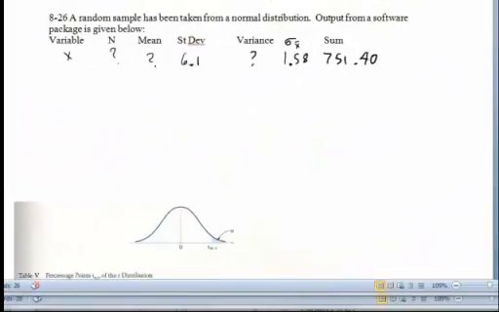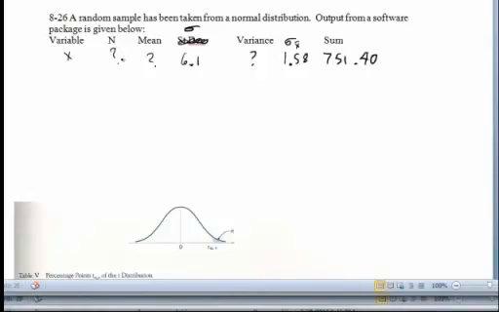Now let's work problem 8-26. In this problem, you're given a random sample that's been taken from a normal distribution, and the software package gives you the following information. It's a spurious software package, so it only gives you some of what you need. Well, this is standard deviation, but we'll cross that out and just go like this. So the variable itself is x.